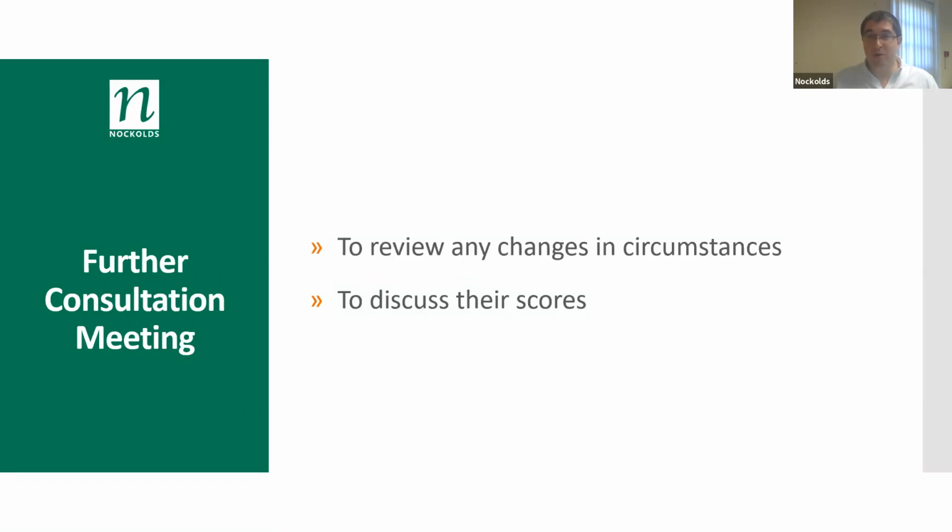For example, if you scored them particularly low on attendance because they've had a lot of sickness absence, if they confide in you that actually they were undertaking medical examinations for a disability, you may need to revise that score on that criteria, and that may be enough to elevate them up higher in the list.